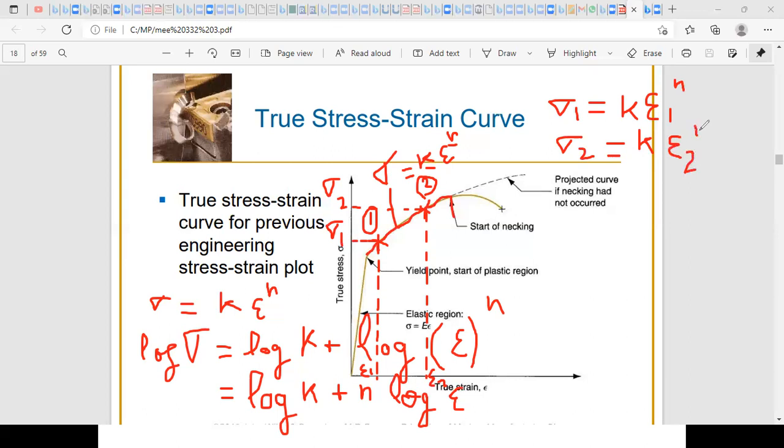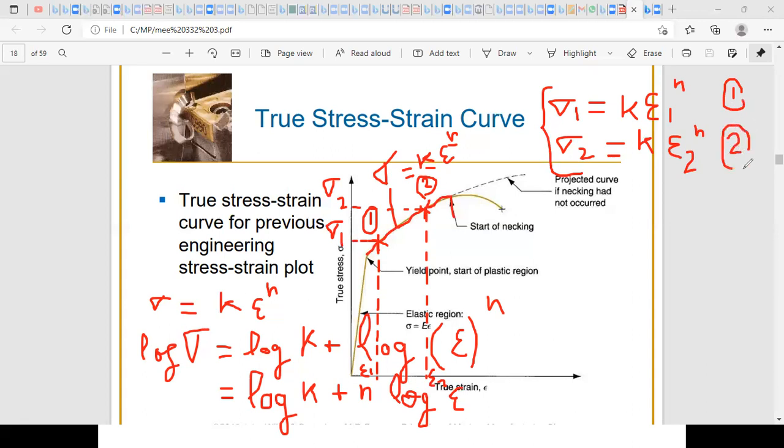You can linearize this system if you want by applying log or ln to both sides to find k and n, or also you can say first this is equation 1, this is equation 2.